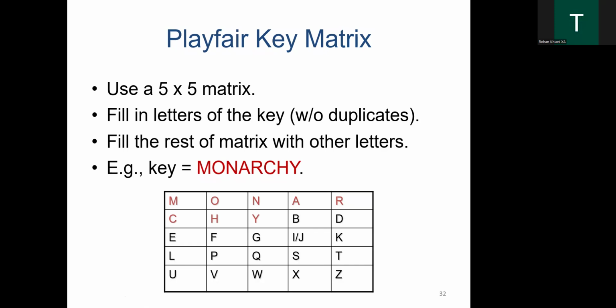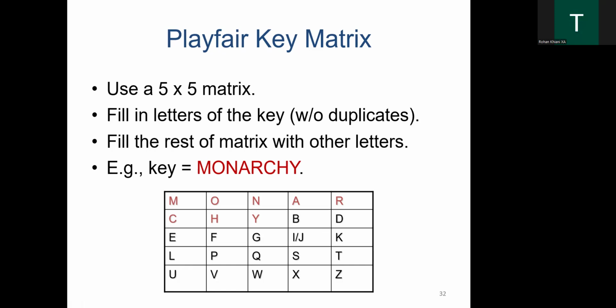In this, there are certain steps to be followed. The first thing is whenever we get a particular plain text and a key, and we want to find out the ciphertext out of it. The first step that we need to apply in this Playfair method is to create a key matrix.